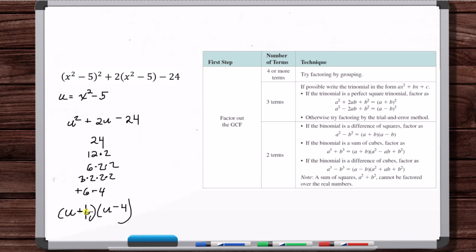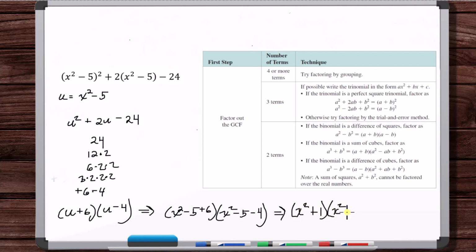Okay, now substitute the u back in. You got x squared minus 5 plus 6, x squared minus 5 minus 4. Okay, so x squared plus 1, all right, and then x squared minus 9.